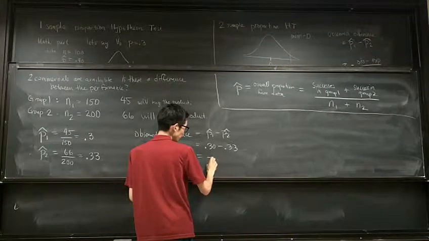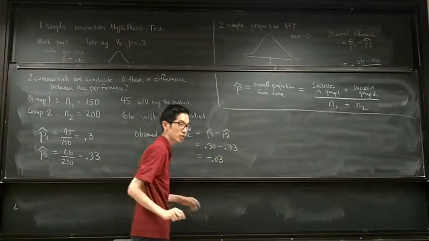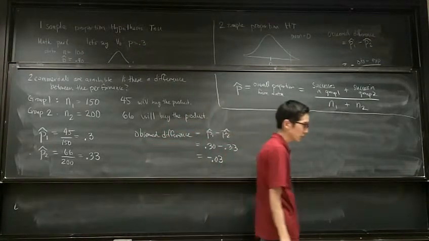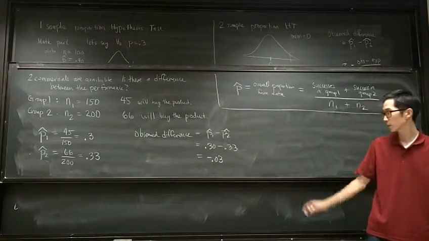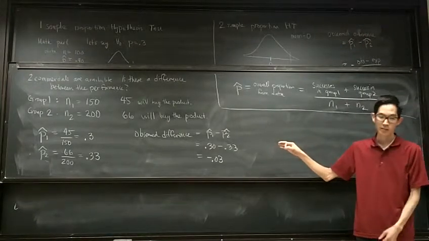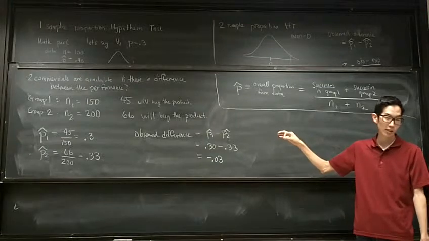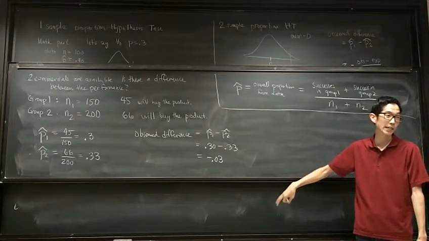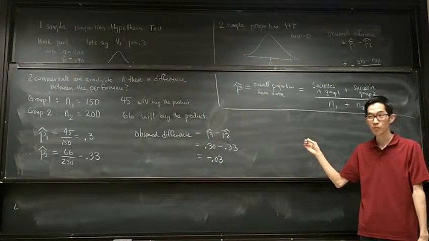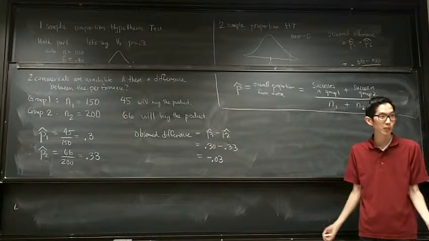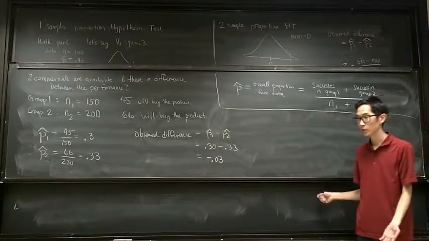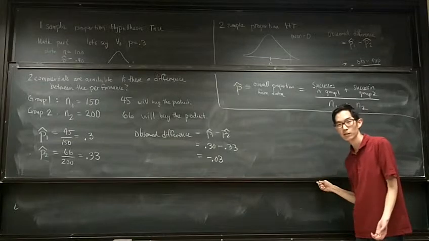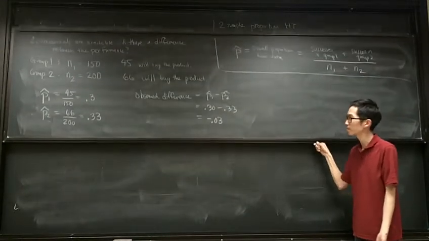I have a difference of negative 0.03, okay? Meaning commercial 1 is 3 percentage points behind commercial 2 in terms of people who like the product. The question is, is that difference significant or not?